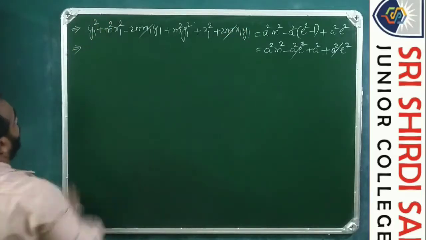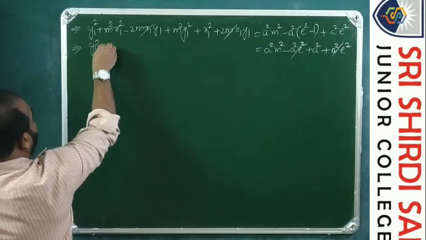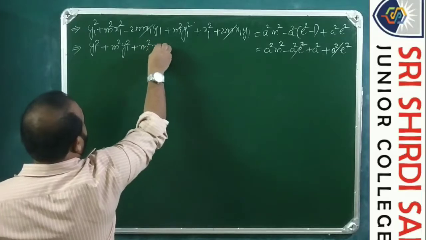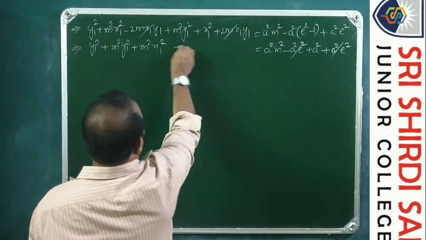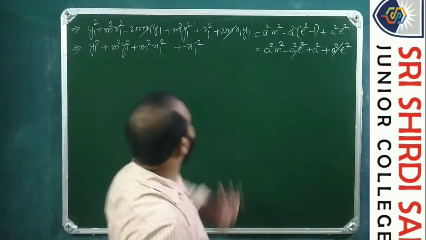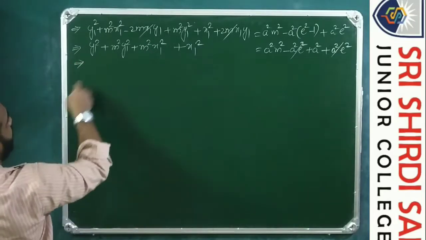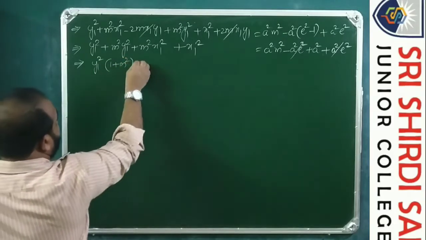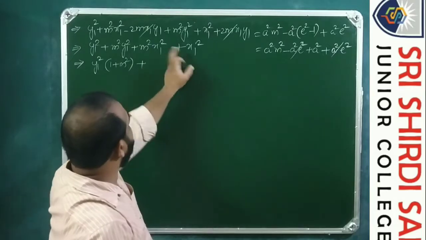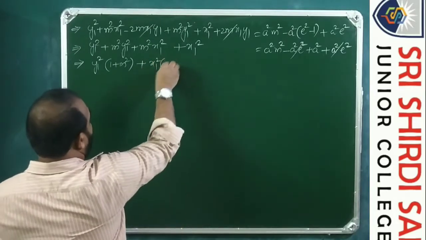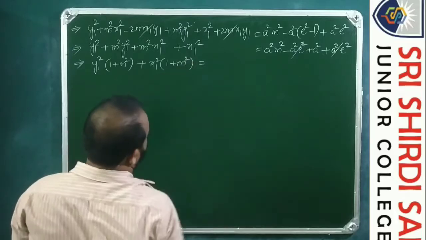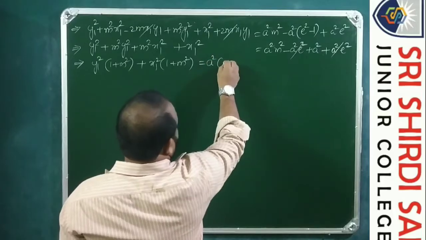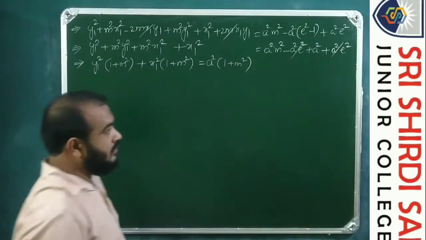So this is y1 square plus m square y1 square plus m square x1 square plus x1 square is equal to this. Now let us take y1 square common in both of them, then we'll get 1 plus m square. Here also take x1 square in common, then we'll get 1 plus m square, equal to a square m square plus a square; take a square in common, so 1 plus m square.